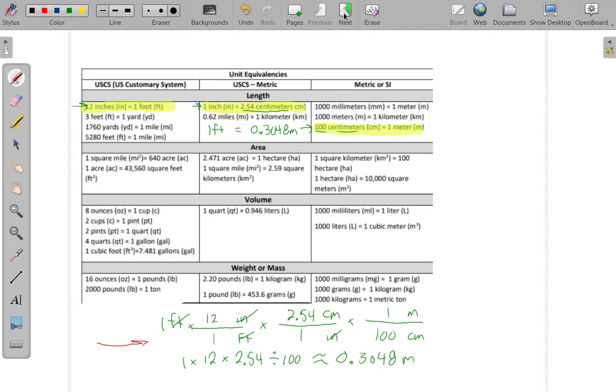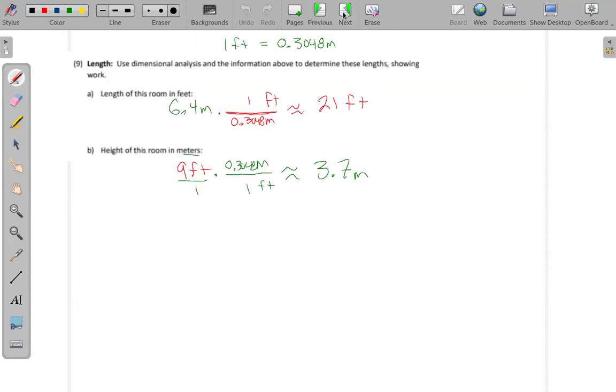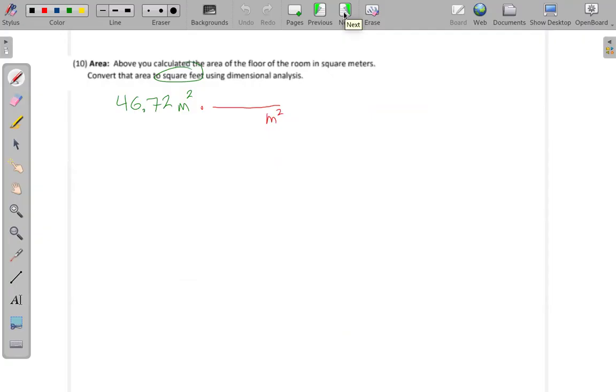Here's how. All right, so side note here, let's see, we established earlier that 0.3048 meters is equal to 1 foot, pretty close. I want that to be square meters and square feet, and so the trick is just square both sides.